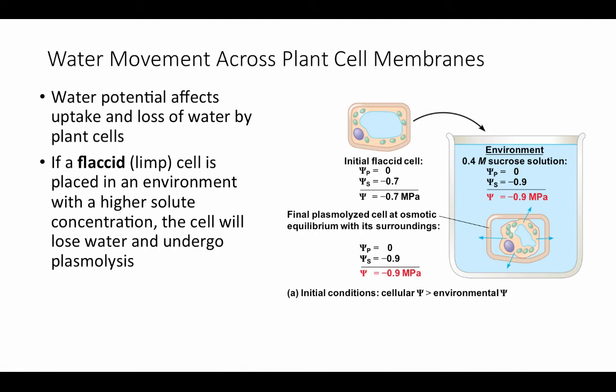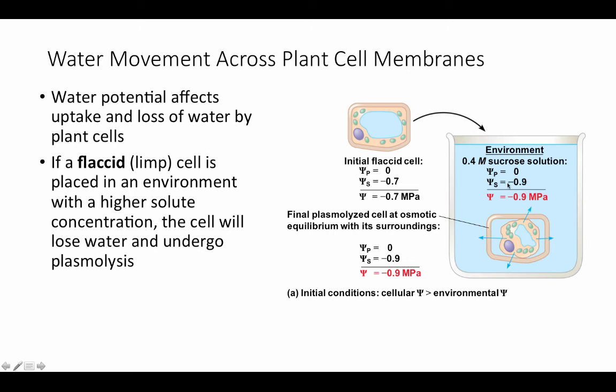Now, if we put this flaccid cell into an environment of a 0.4 molar sucrose solution, this is going to have a higher solute concentration than the cell had. In this case, we still have 0 pressure potential in the solution in which the cell is being bathed, and now we've got a solute potential of negative 0.9.